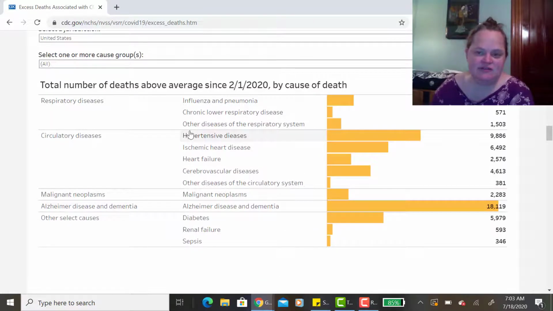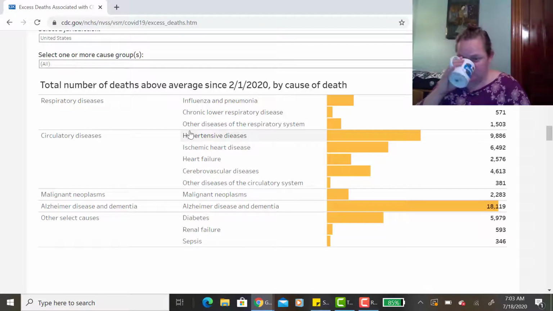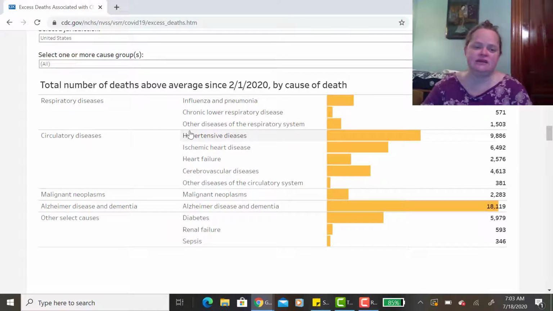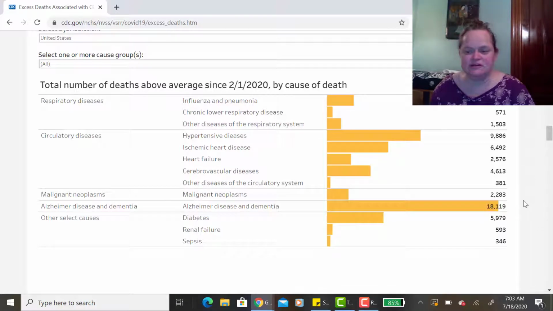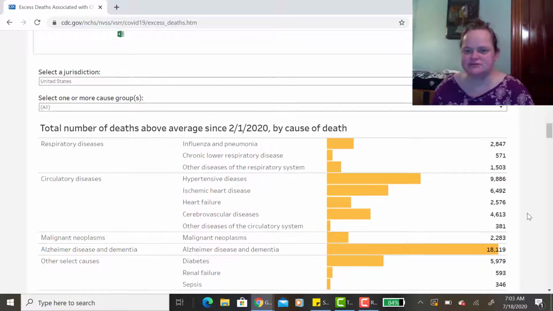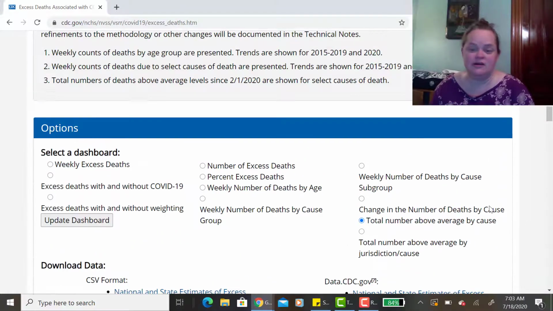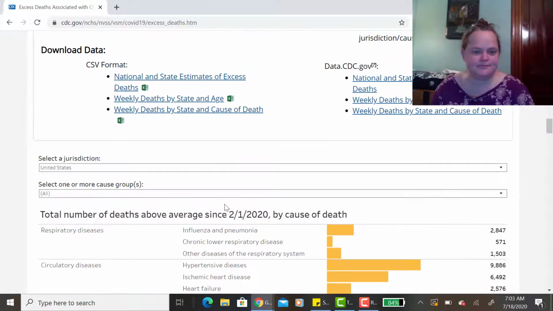Now this gives you, instead of percentages and a different kind of visual, it actually gives you the numbers. And we do see this relatively large number for Alzheimer's disease. That said, these are relatively small compared to the total COVID deaths officially so far.